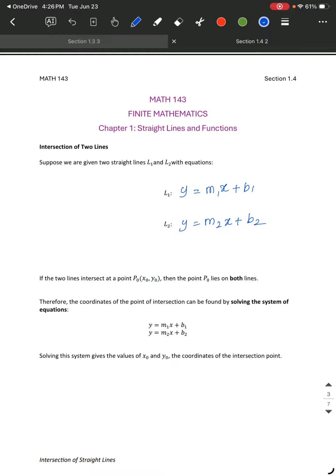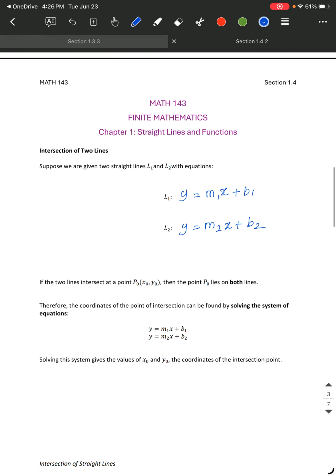If these two lines cross each other, this is L1, this is L2. They meet at exactly one point. This is called the point of intersection.